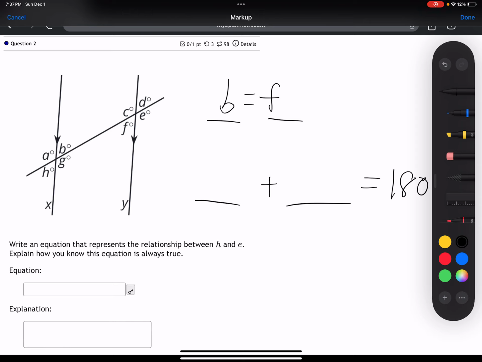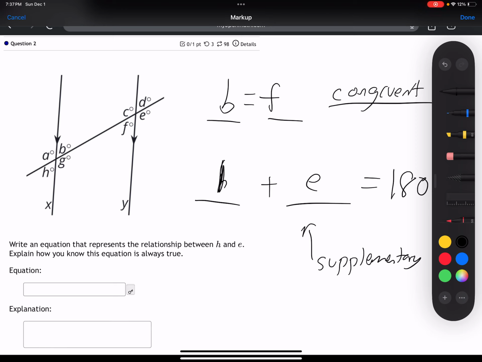That means they're either congruent, or in this case, they might be supplementary. That would be, for example, h and e. Those are your two possibilities for equations. They're either congruent, which means they are equal, or supplementary, which means they add up to 180 degrees.